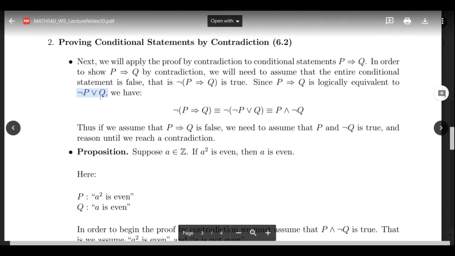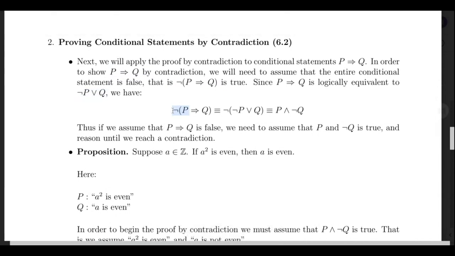As long as Q is true, the statement is true, so only not P. So not P or Q. So the negation of not P or Q: not P becomes P, right?